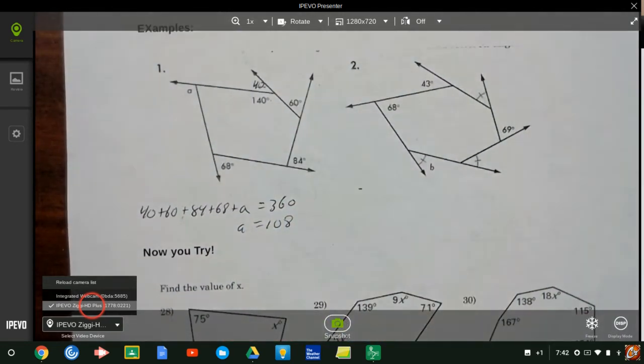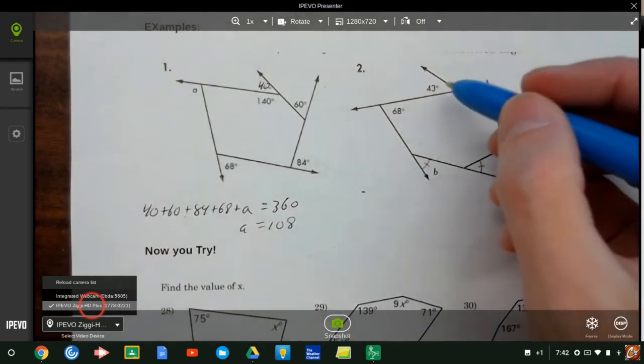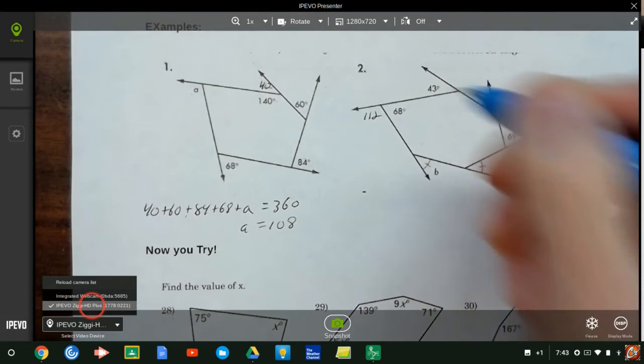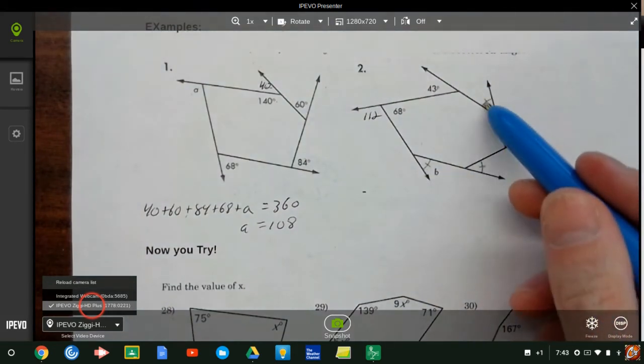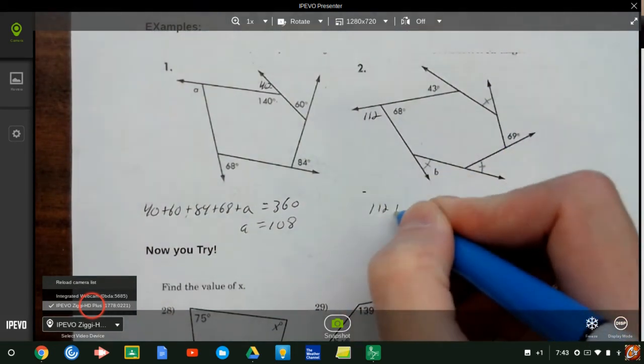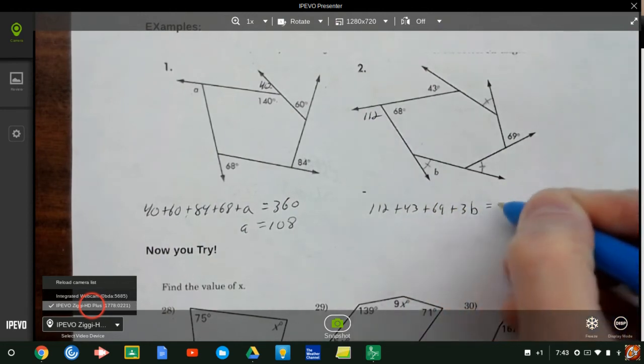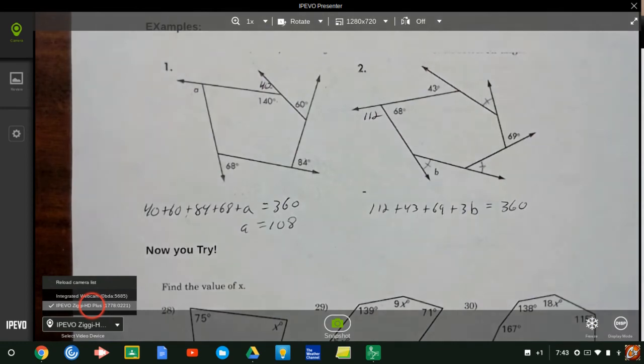Try the next one. Okay, so exterior angle, I need to get this one. So 180 minus the 68 is 112. That, and that are all the same. So 112 plus 43 plus 69 plus 3 B's should equal 360.